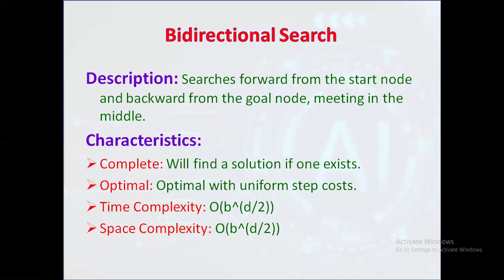Bidirectional search has a lower time complexity compared to other search algorithms, as it effectively halves the search space. However, it requires additional space to store the states in both directions, which can be a limitation in certain cases. Order of b to the power d by 2. So, the second type of the search algorithm is what?